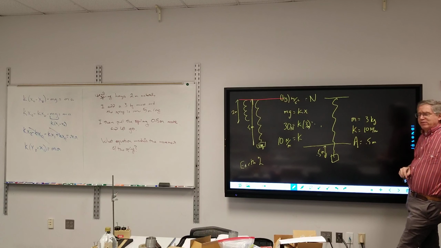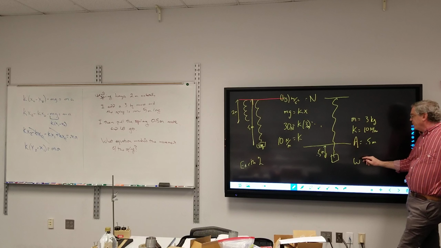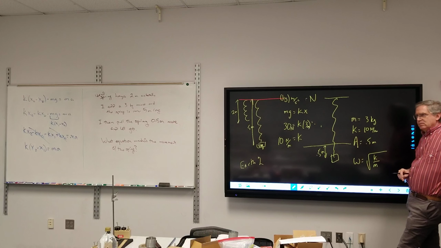Well, from here, I can figure out other things. My angular frequency I know is the square root of K over M. Making sure I got that in the right order. Yeah, that works.